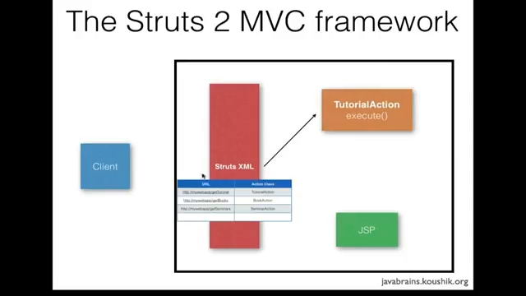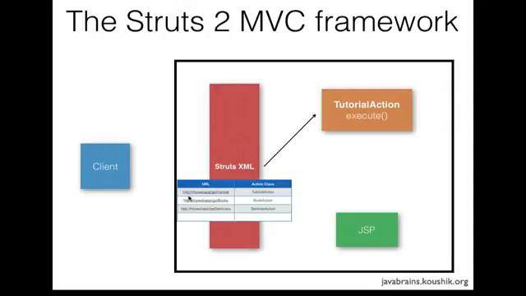So what's going to happen is whenever a client makes a request, say my client is making a request for get tutorial, it's going to look at the action class. Which action class should I call? It's tutorial action. Then it's going to execute the method called execute. So this is the default method that the struts framework calls whenever there is a request.